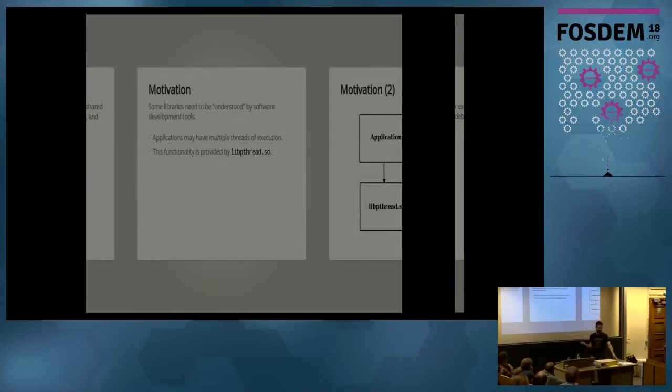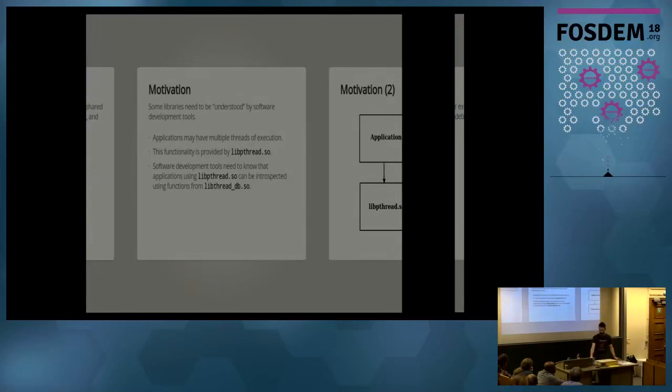Any tools that you then use to examine this application need to know that if they see libpthread.so, your application is doing something extra. For the threading library, there's a second library, the thread debugging library, which the tool, the debugger or whatever, has to find and load, and it can use these functions to introspect your application and find out, in this case, the threads that your application is using.